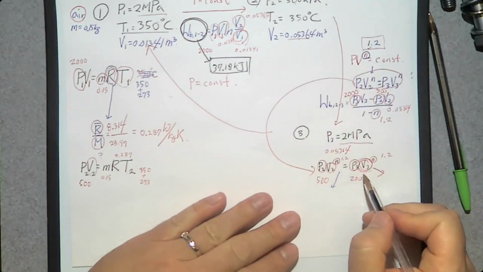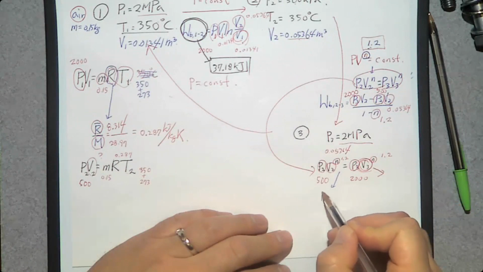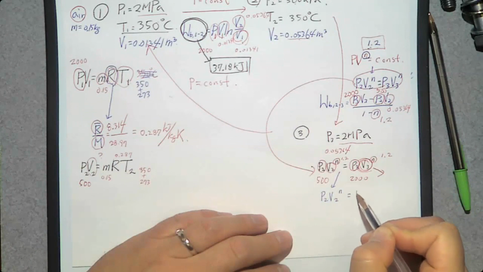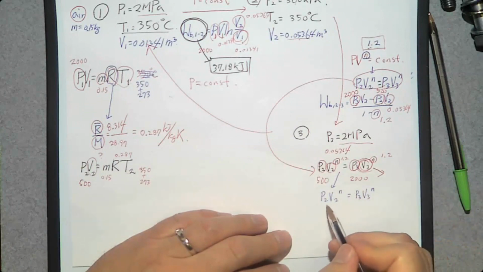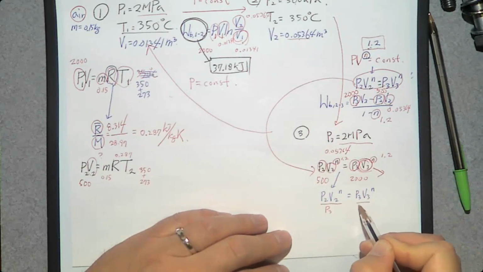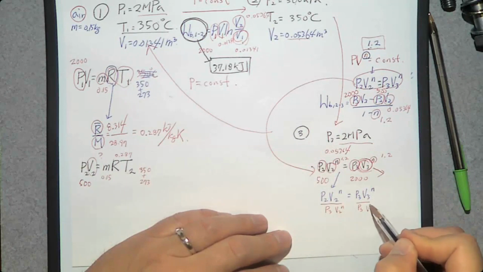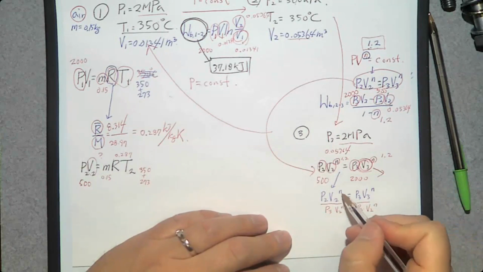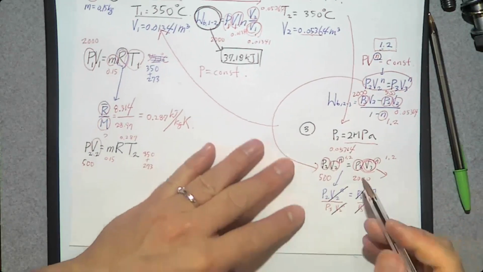If you divide by P3, so one way you can do is P2 V2 to the power n is P3 V3 to the power n. You can divide each side by P3, and V2 to the power n. Then you can cross them out. Then what you have?